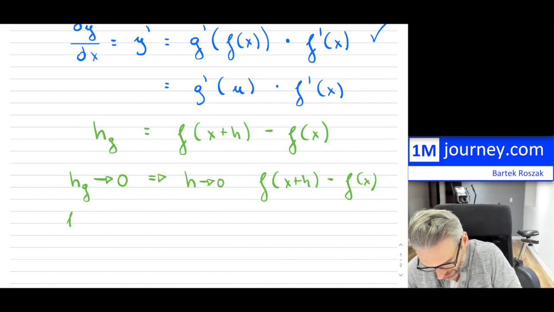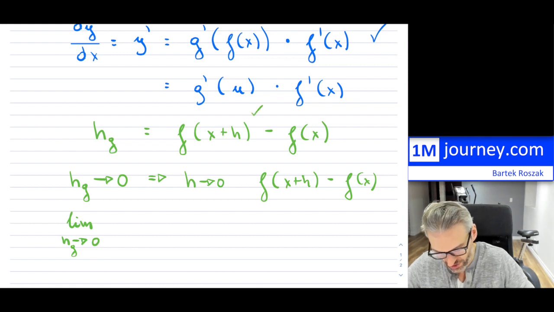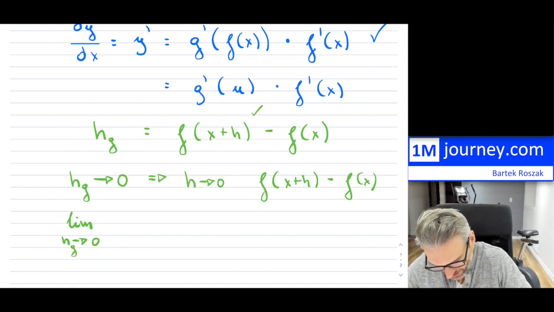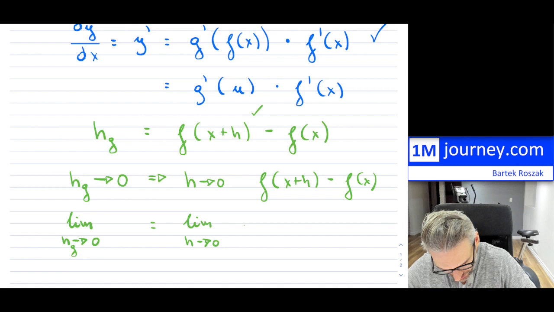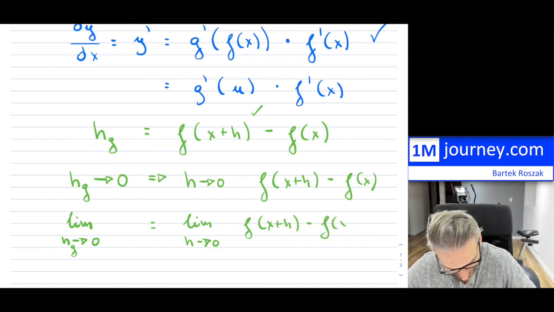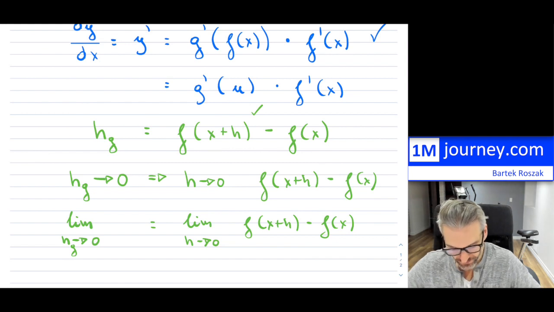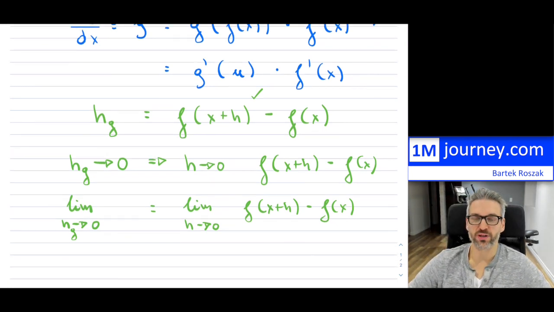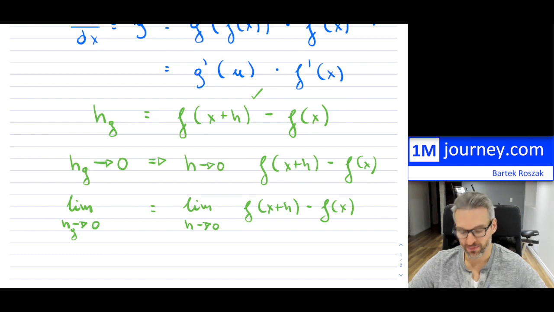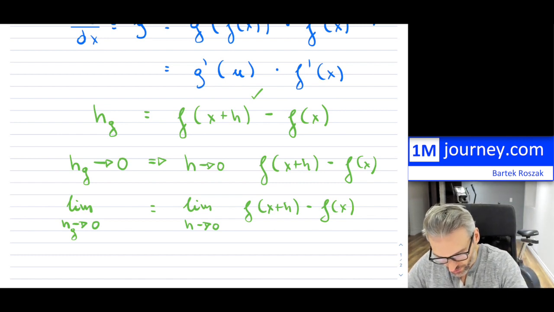What I mean is this: if the limit of hg is approaching 0, that means this is approaching 0, and this is the same thing as saying that the limit as h approaches 0 of f(x + h) - f(x). So these are kind of preliminary items that I'm going to be thinking about. So I want you to keep this in mind, this hg.